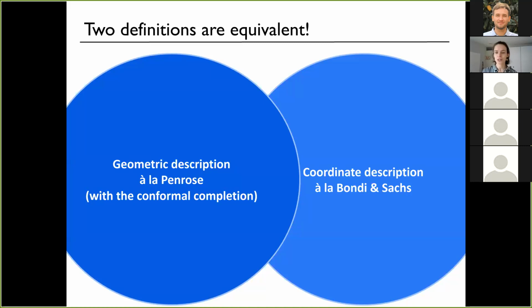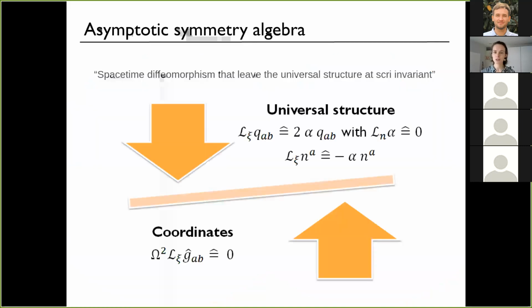So as a result, we can also describe the asymptotic symmetry algebra in 2 equivalent ways. The asymptotic symmetry algebra is the algebra of all spacetime diffeomorphisms that leave the universal structure at scry invariant. Now, in terms of the universal structure, that means it's essentially all vector fields that map Q to another member in the conformal class.